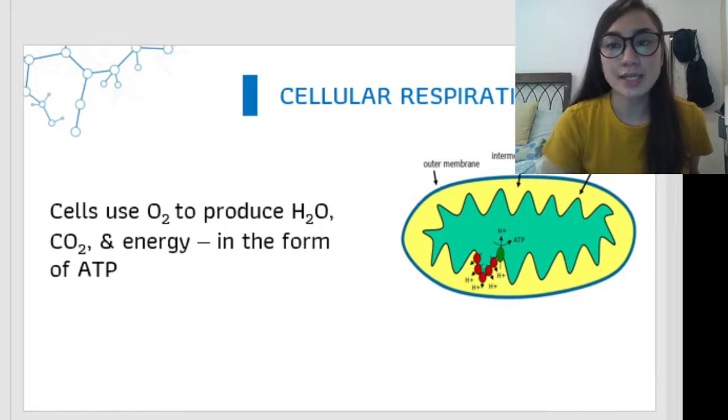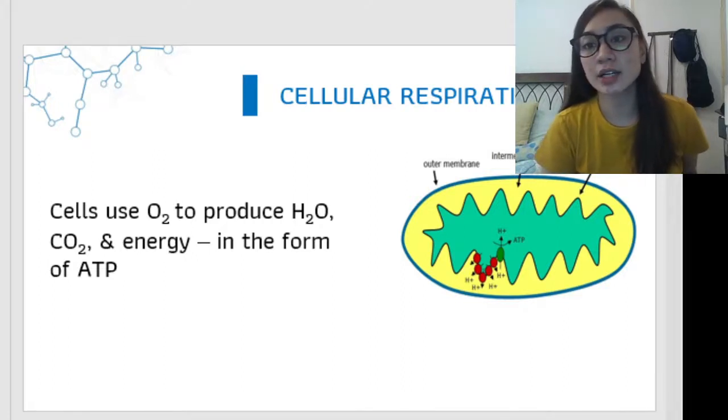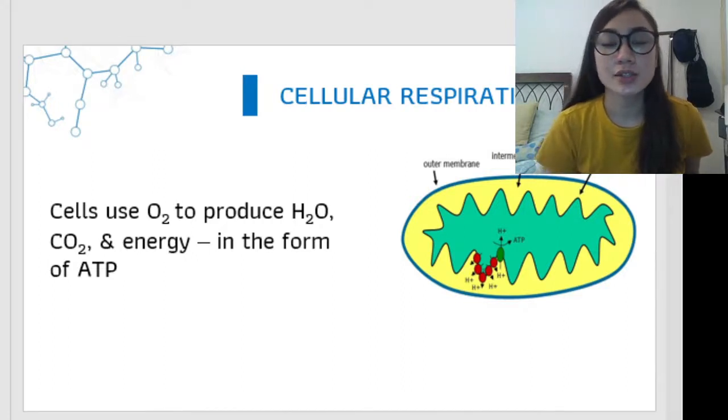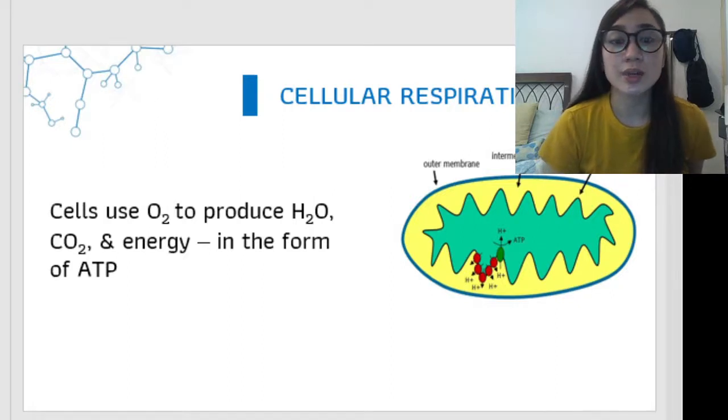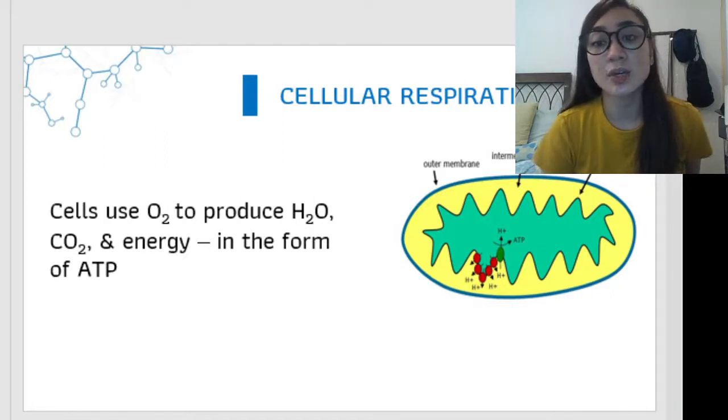So, ang cells natin, it goes through cellular respiration. Cells use oxygen to produce water, carbon dioxide, and energy. Yung energy na yon in the form of ATP. So, the question is, saan nanggagaling yung oxygen? Saan kinukuha ng cells?